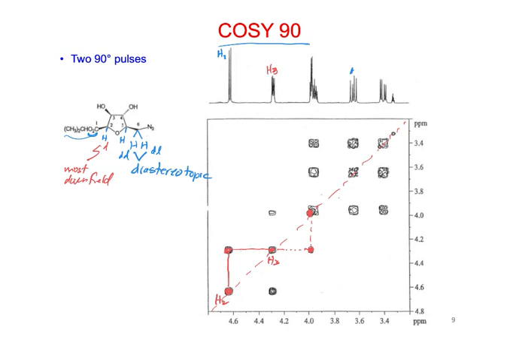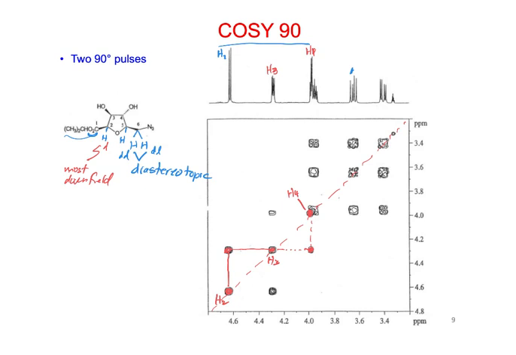So that tells us that H3 is going to be H4. So here's H4 up here. And this is where it gets a little tricky, because H4 is this narrow peak here, but we don't see any other off-diagonal peaks for that narrow one.